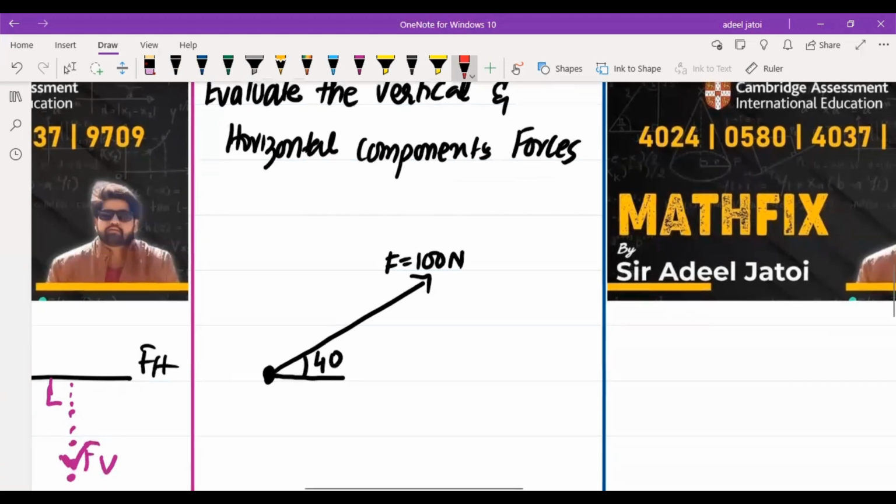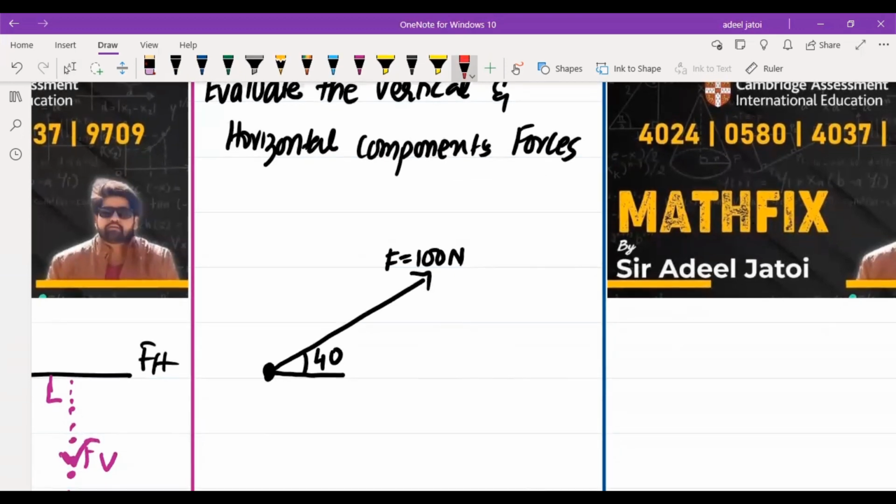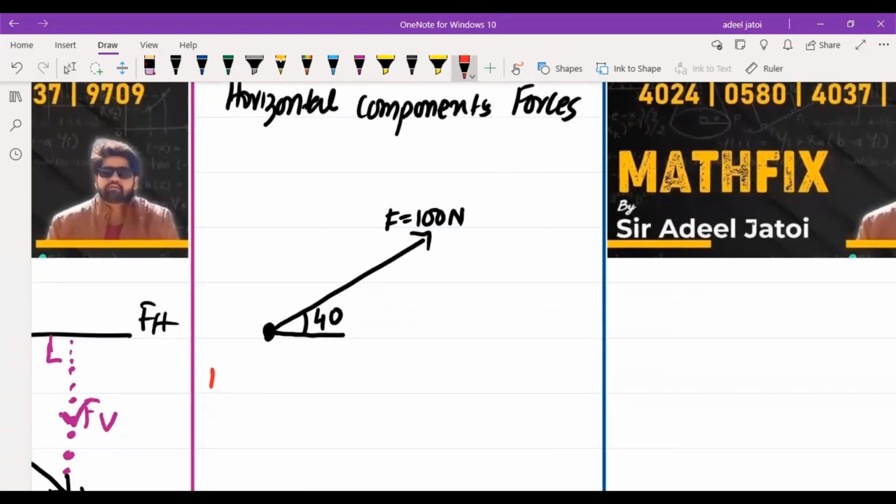I need to calculate FV and FH, so we introduce the horizontal force and the vertical force that creates a 90 degree.